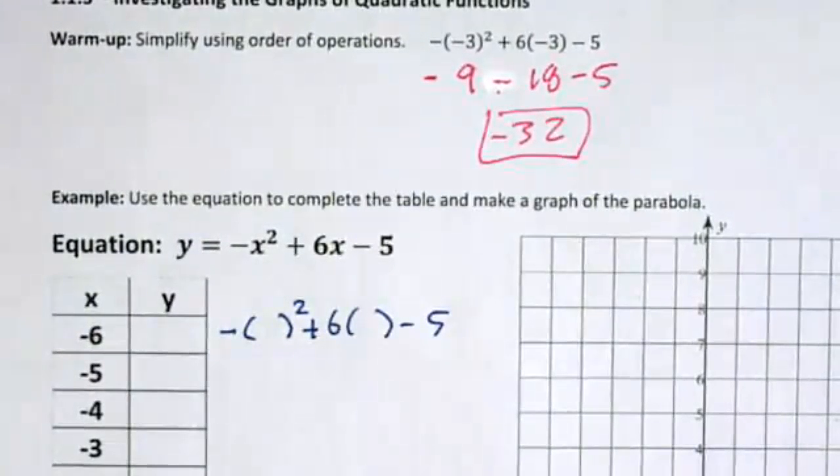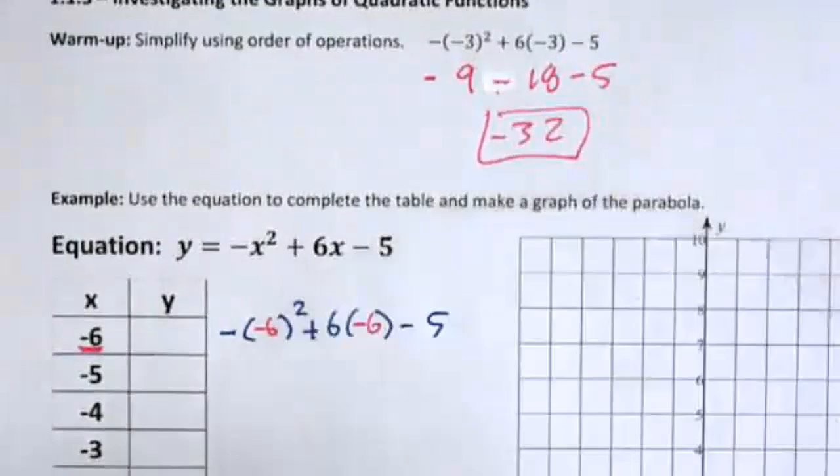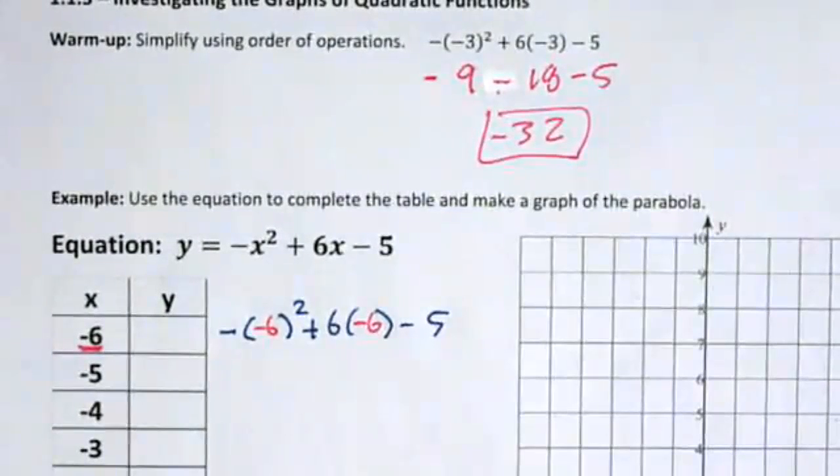And for the first entry in our table, we are going to put what in place of those x's? -6. And then we're going to work out what that ends up being.